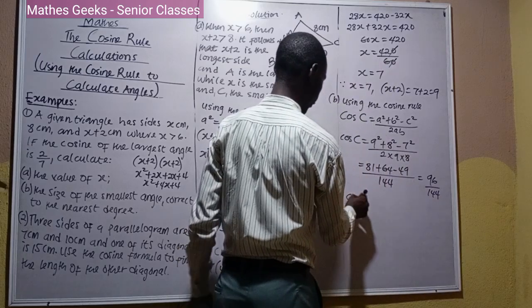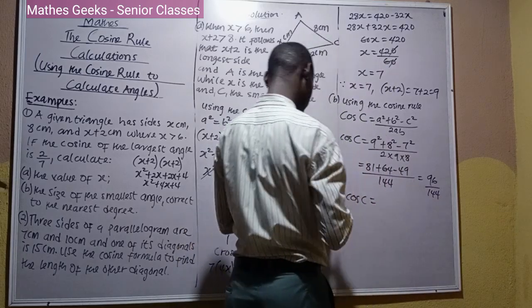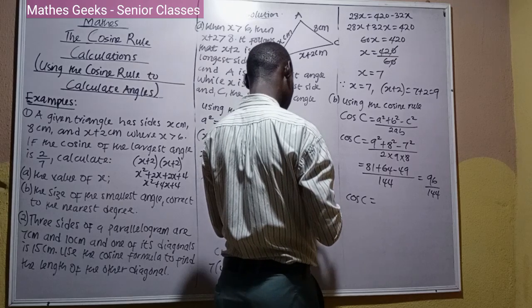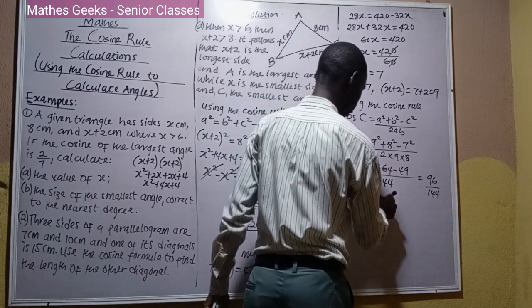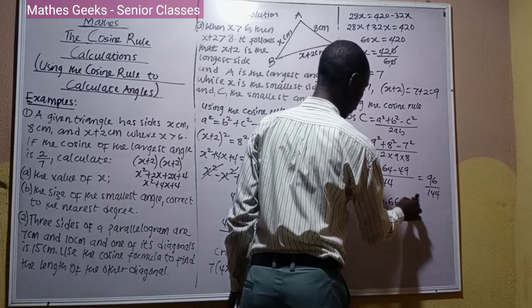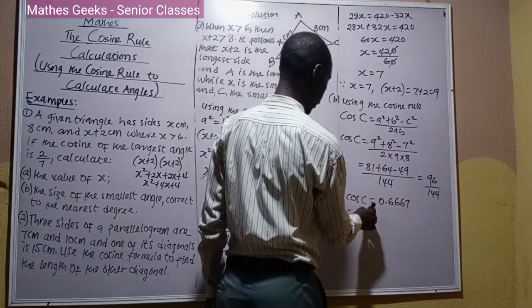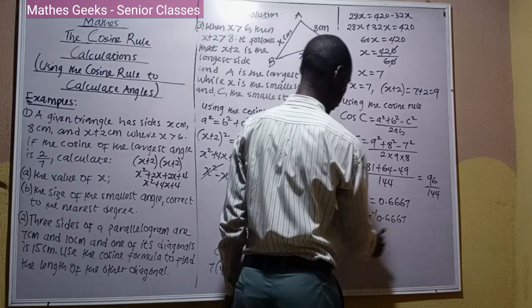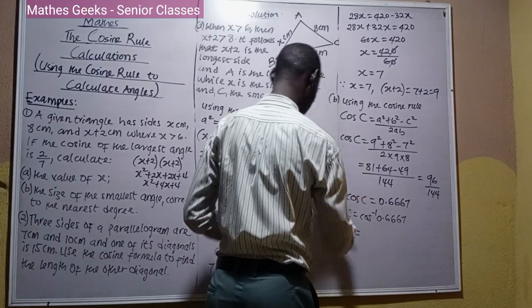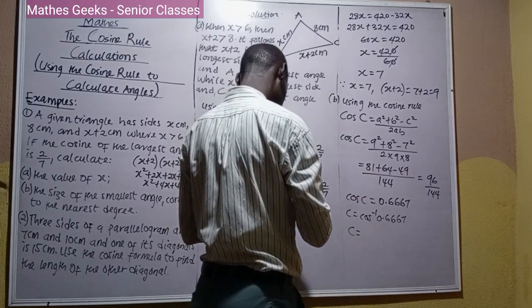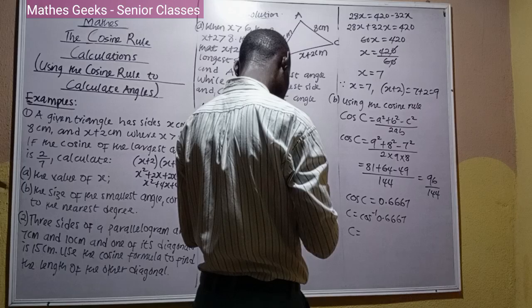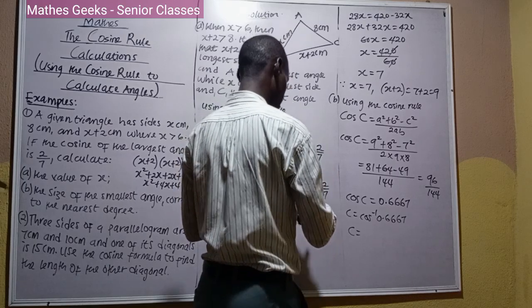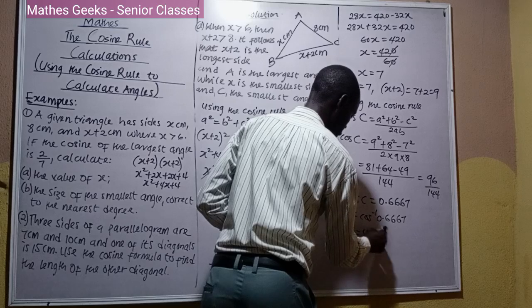So cos C is 96 divided by 144, 0.667. So C equals arc cos 0.667, and C is equal to 48.19.